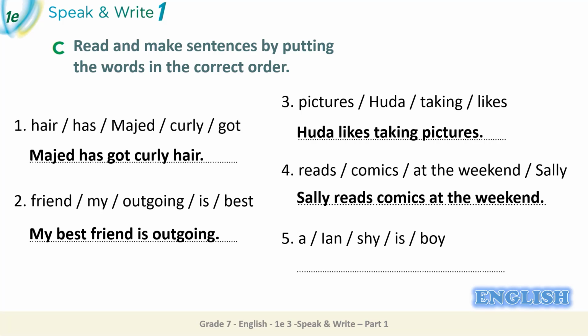Let's move to the last question. A, Ian, shy, is, boy. Who can put these words in the correct order? That's correct. The correct answer is Ian is a shy boy. That's perfect. Well done, guys.